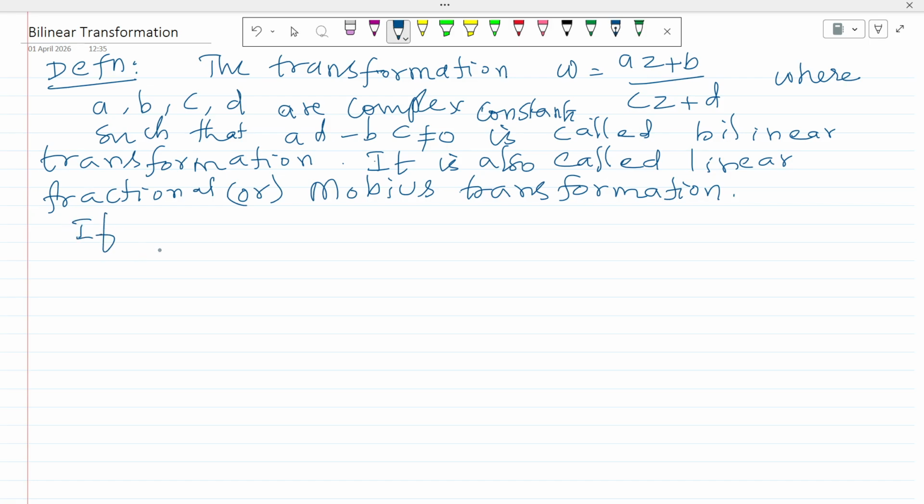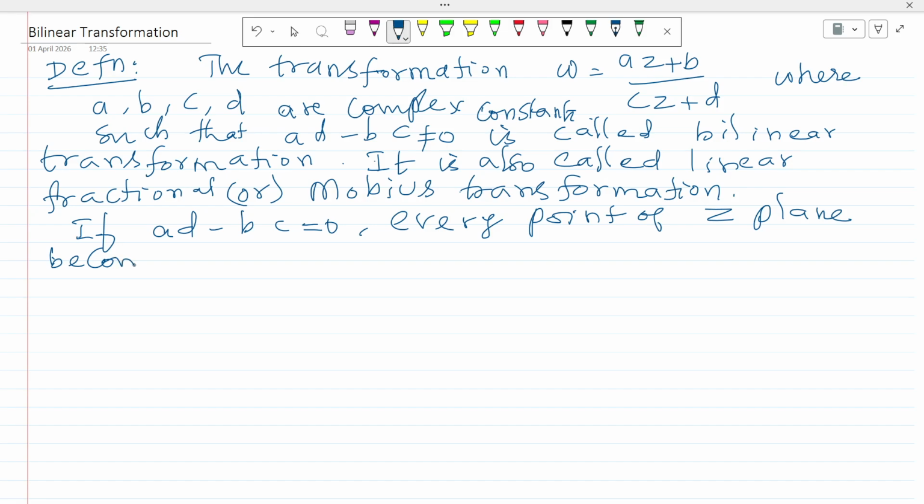If AD minus BC equal to 0, every point of the Z plane becomes a critical point of the bilinear transformation.